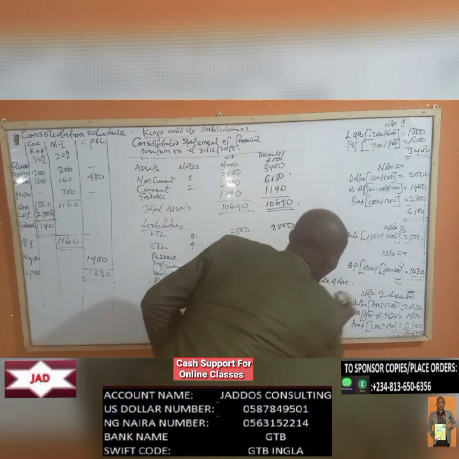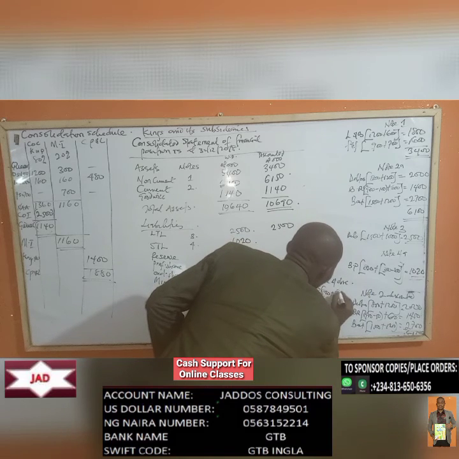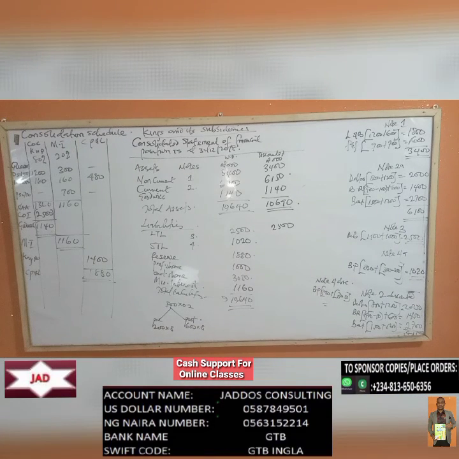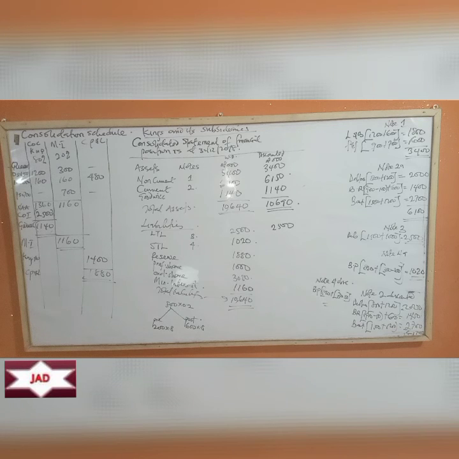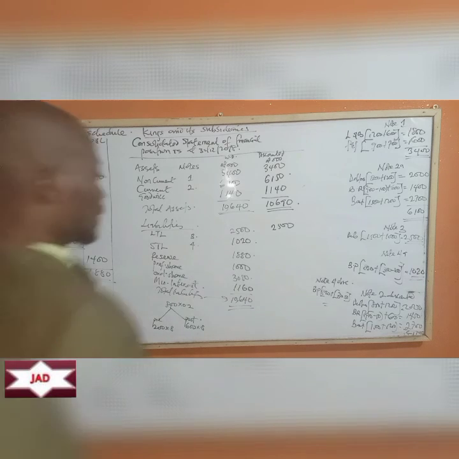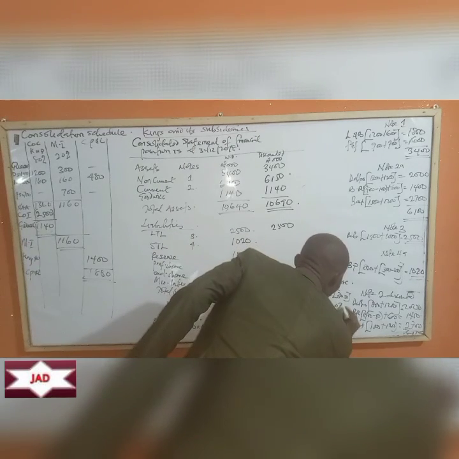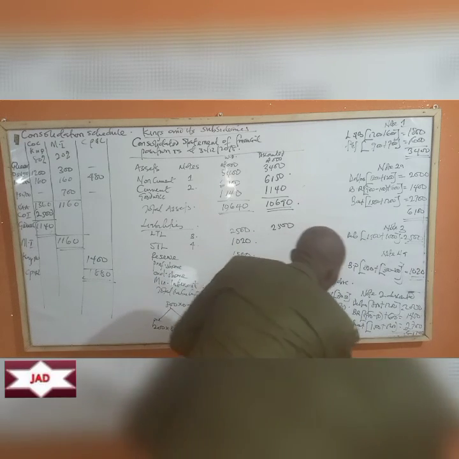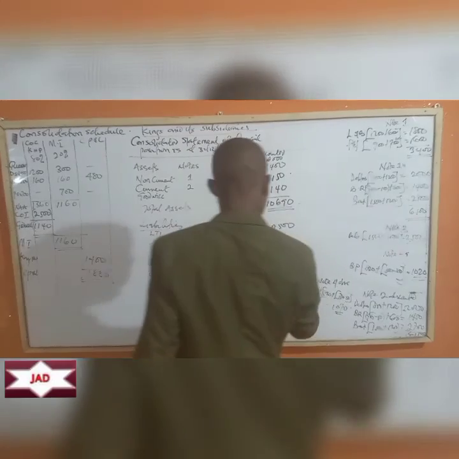So that will be 820 plus 300 minus 50. So what do you have? 820 plus 250. That's 1,070. So here will be 1,070.